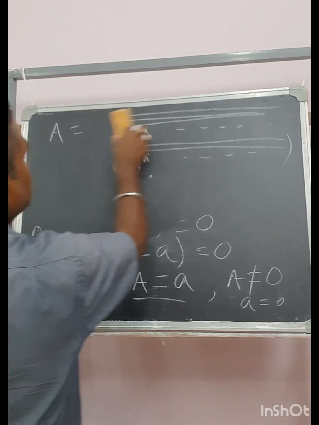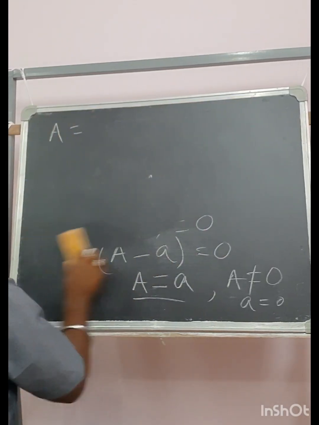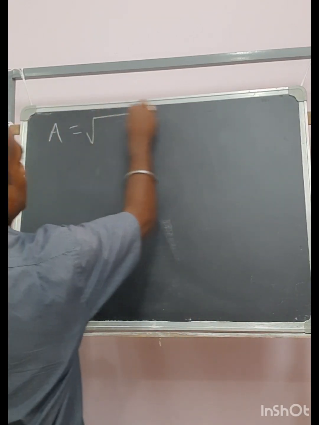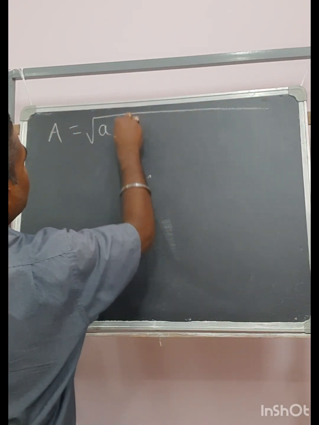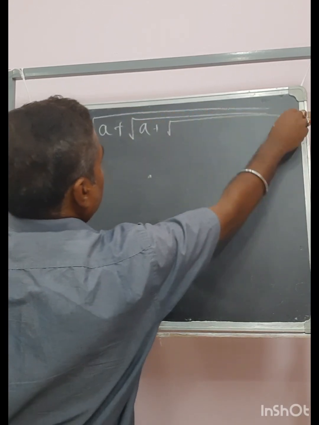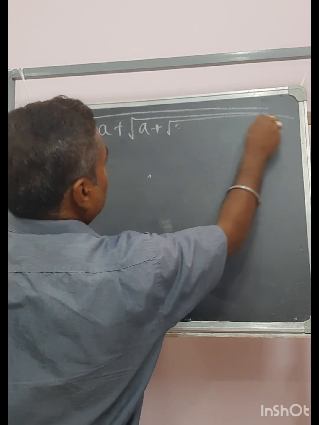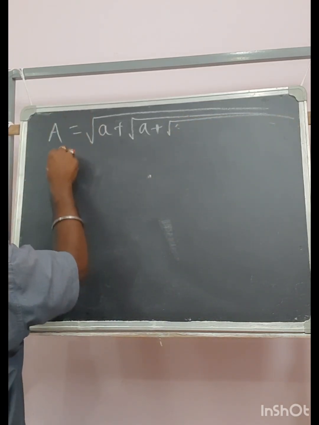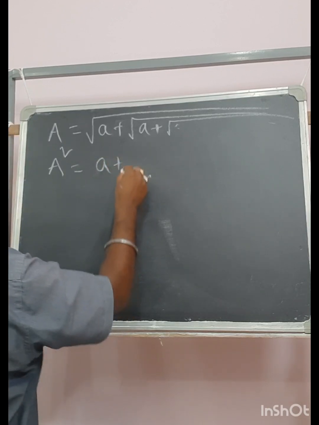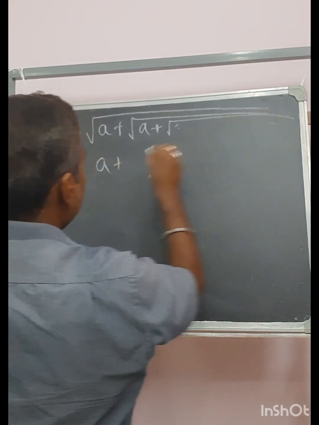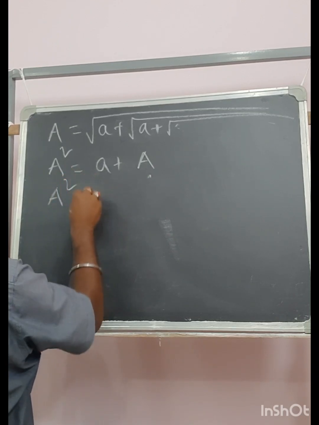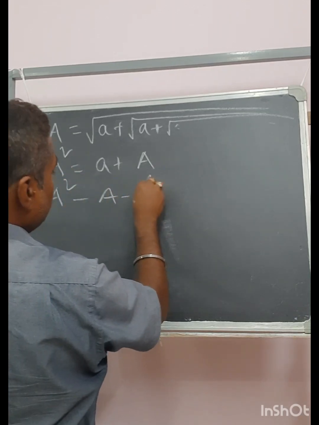Now if the term is represented not as multiplied together but like a plus root a plus root a, similarly up to infinite terms, in a similar way I will do the square. I will get a plus a term that is nothing but the original, so I can write A. So the equation stands as A square minus A minus a is equal to 0.